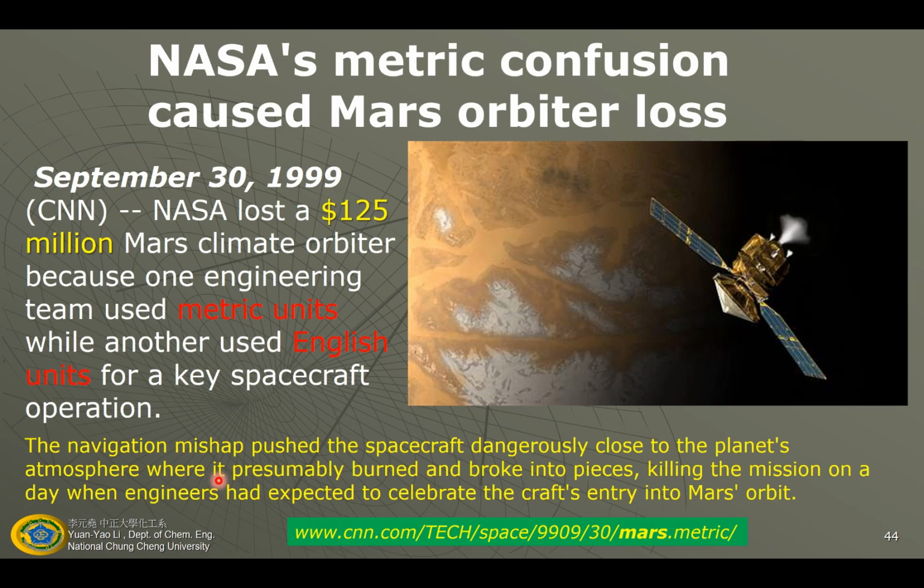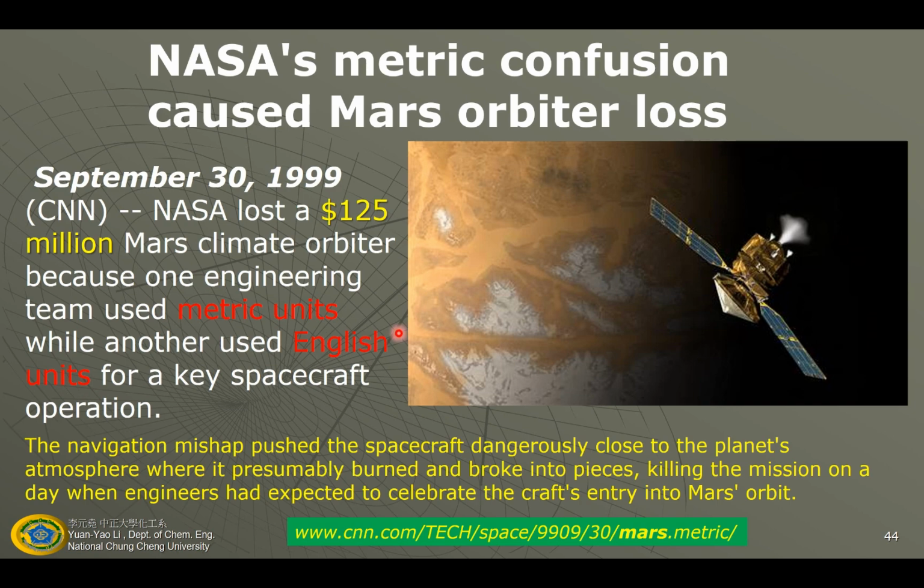So why is this so important? One example is the NASA metric confusion that caused the Mars orbiter loss. The orbiter was lost at Mars because one engineering team used metric units while another team used English units.